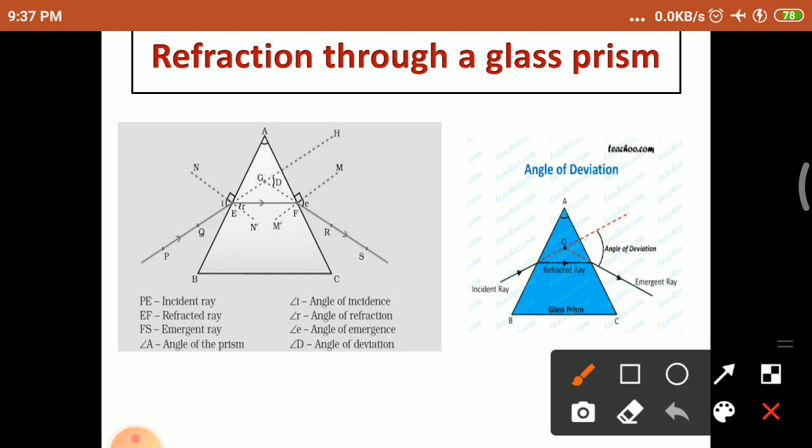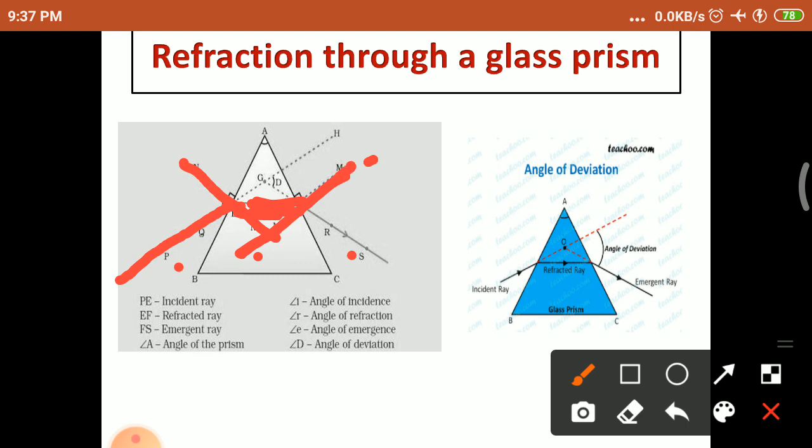You know that this is glass and this is air. The ray travels from air to glass, and this is the point of incidence, so I draw the normal line. And here the refraction takes place. This is a refracted ray.